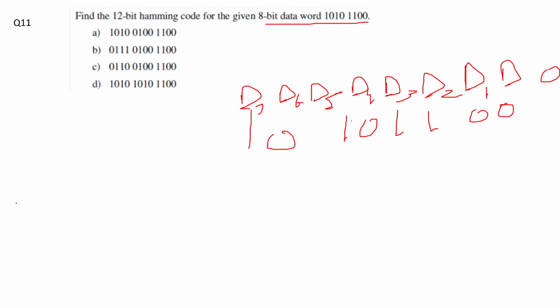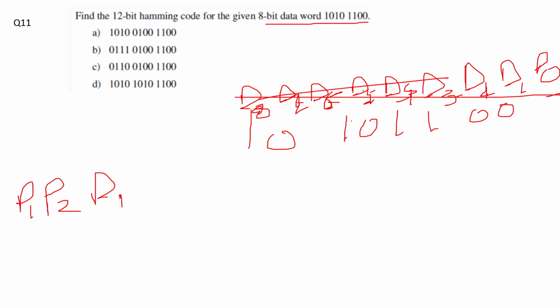So in the 12-bit Hamming code, how is it written? P1 is my first parity bit, then I have P2, my second parity bit, then D1, D0, then D... should I call it D0 or D8? Let us term it as D1. Let's forget this thing.